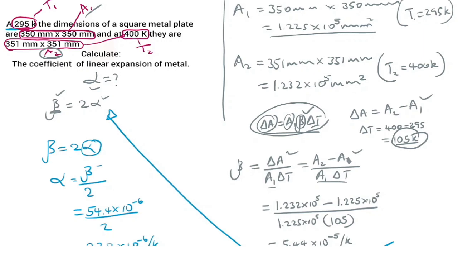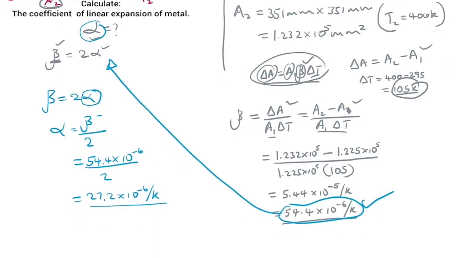But our goal was to find the coefficient of linear expansion. Then we did everything that we could here. Then we finally found the coefficient of linear expansion from the coefficient of area expansion, where we used the change in area formula. Then we found the coefficient of area expansion, which we used here.